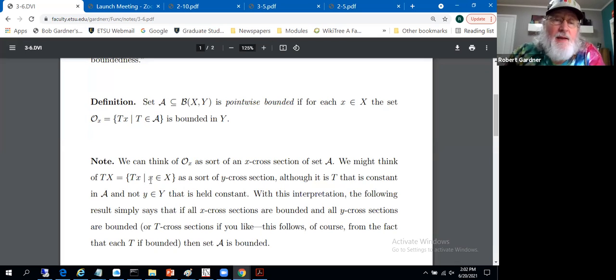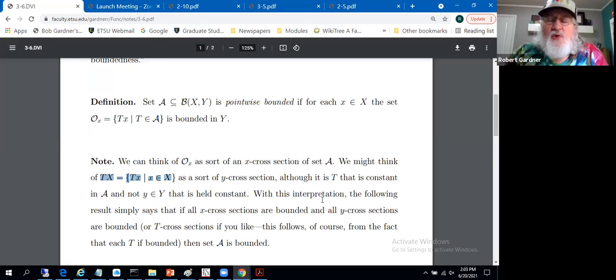So I say, we might think of this as something like a y cross section, but again, it's T that's constant in this little observation here, and not some output. So maybe you want to call these T cross sections, might make a little more sense, but I'm just looking for an informal feel for what the uniform boundedness principle will say.